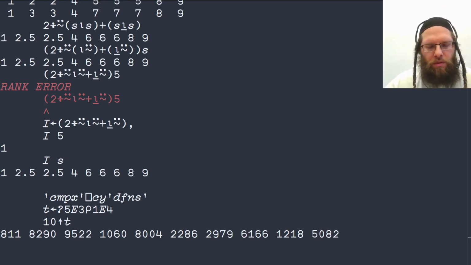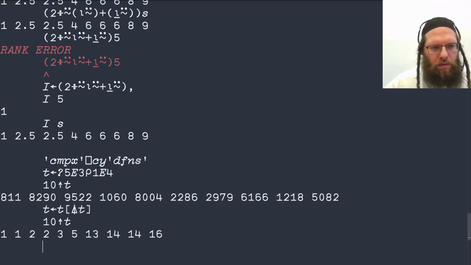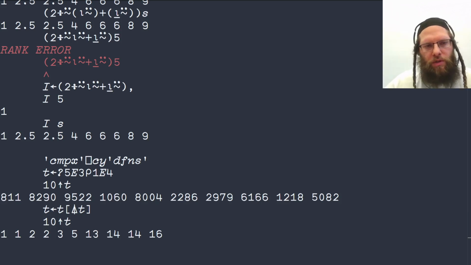They're not sorted, so let's sort those. And we can do this by indexing into T with the grade. So this is exactly what grade does. It sorts. Okay. It would also be interesting to know how many unique numbers are actually there. And we can do this by taking the unique mask.